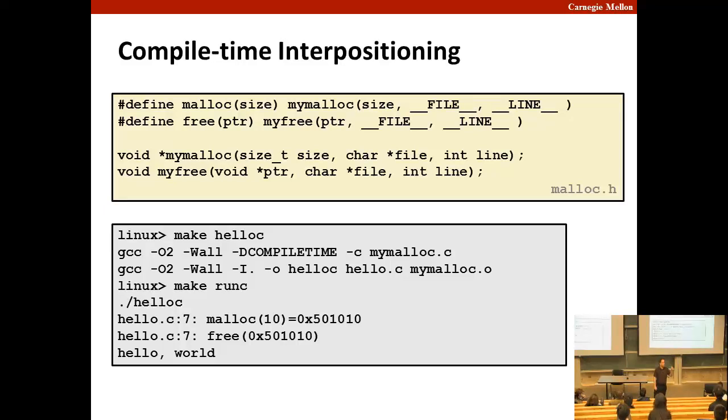So I pound define in those functions malloc to get replaced with my malloc, and free to get replaced with my free. So now the preprocessor goes through those and replaces them. So where the programmer is trying to call malloc, it instead calls my malloc. My malloc is still free to call malloc because it's in a different file and hasn't had that preprocessor substitution made. Do you see that?